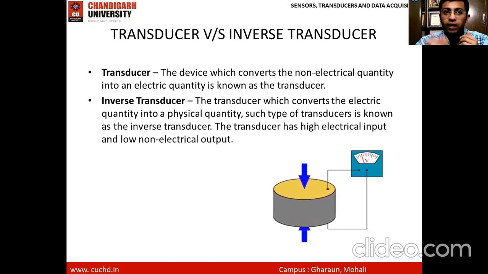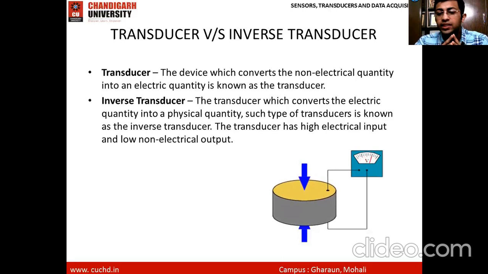As input, we give it an electrical quantity, we give it current, we supply it voltage, and the output is that the shaft of the motor moves. Output is the displacement. So an inverse transducer also falls into the same category. The input is an electrical quantity in this case, and the output is a mechanical displacement or any kind of mechanical quantity.